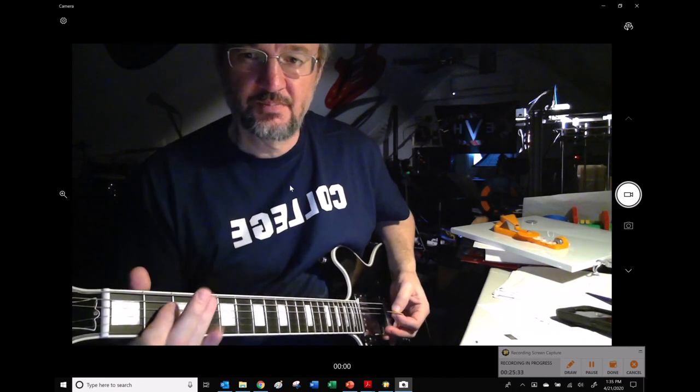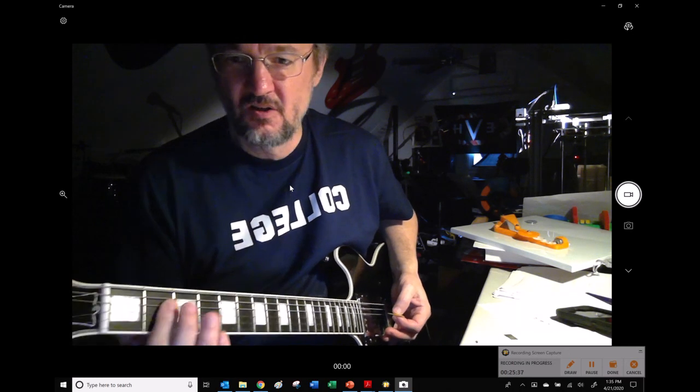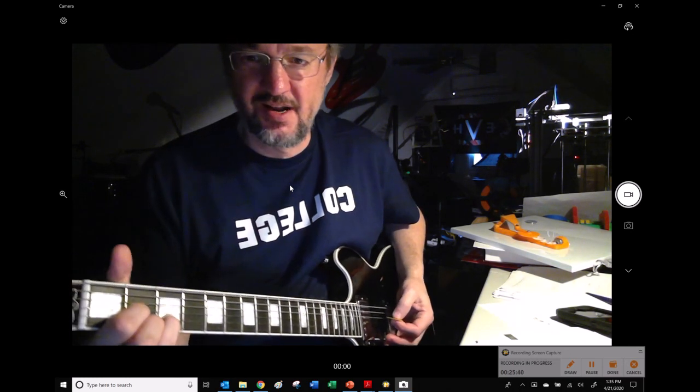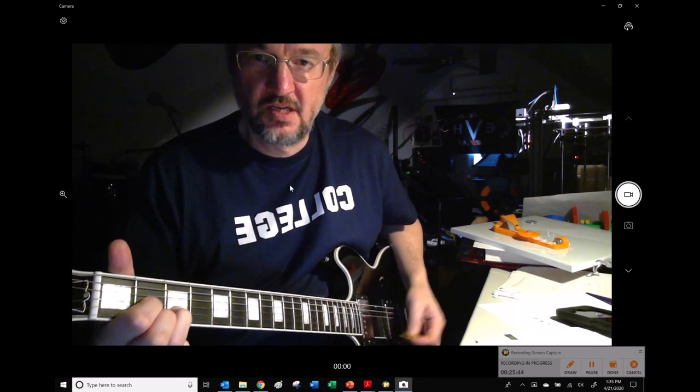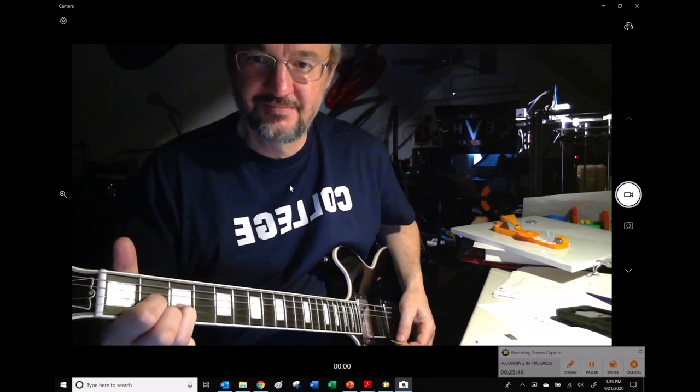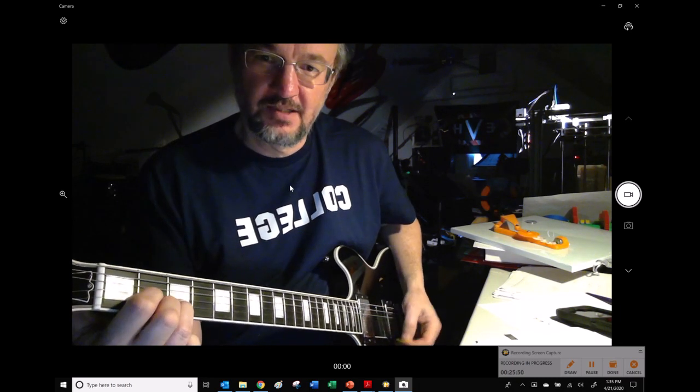Also, on Les Pauls and a lot of Gibsons, the frets are fairly tall, and you can put it out of tune by pressing down too hard. See, there it's out of tune. You have to have a relatively light touch.